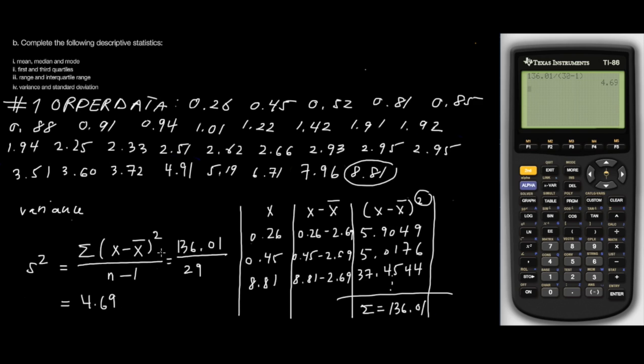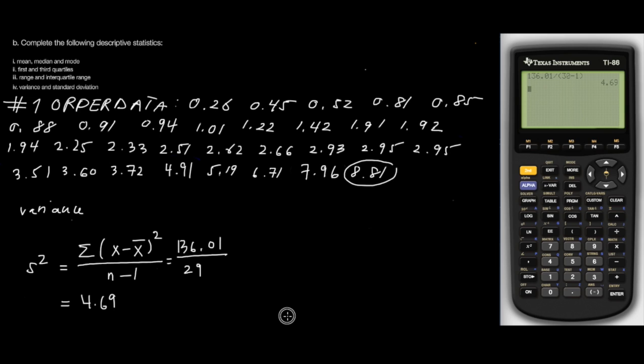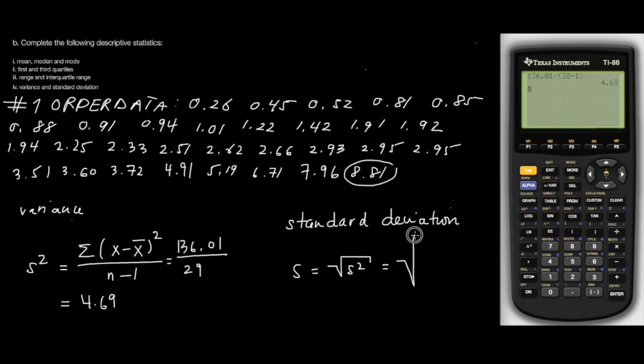Now we need to compute the standard deviation. So I'm just going to erase this on the right-hand side because the standard deviation, once you have the variance, is actually quite simple. All right, so now the standard deviation, as you all know, is simply the square root of the variance. So S would equal the square root of the variance, or if we write, this is the formula that most of you are used to seeing.